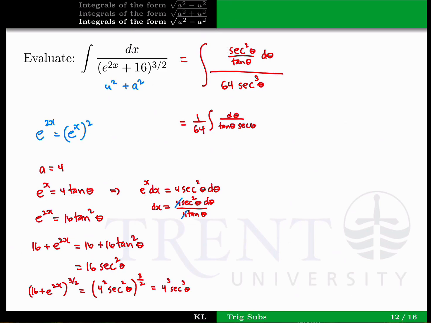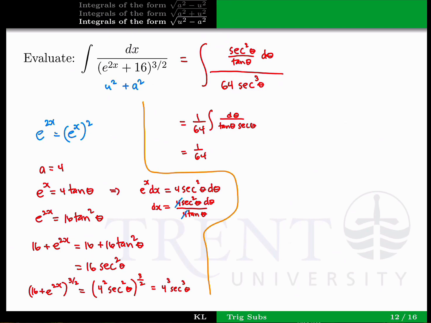So try to manipulate this one if you can't follow it yet. You will end up with the denominator secant theta tangent theta. Then to simplify things further, let us convert everything in terms of sine and cosine.